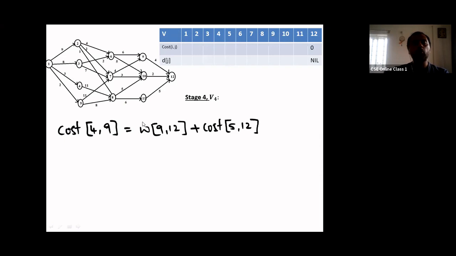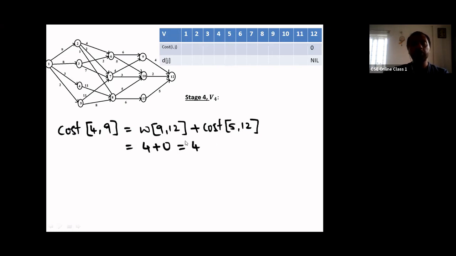If we would have had more than one edge going out of 9, then we would have gone for finding out the best one. Here, as we don't have that, what we do is the cost of connecting from 4th stage vertex 9 to sink is equal to the weight of connectivity from vertex 9 to vertex 12, plus shortest path from 12 to sink. 12 is in stage 5, so its value is 0.